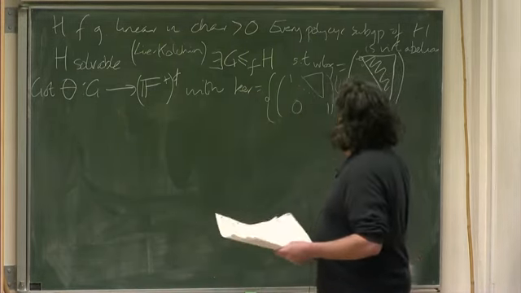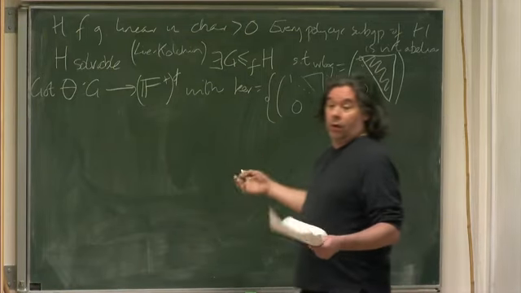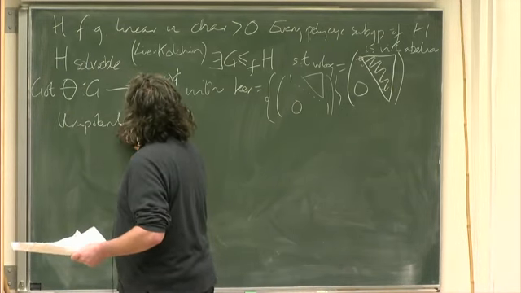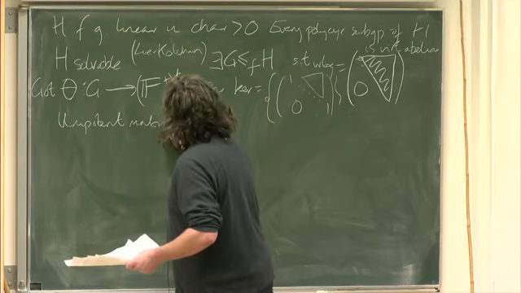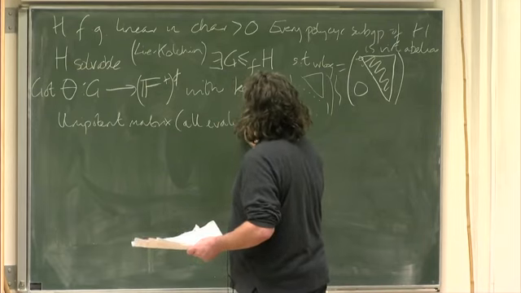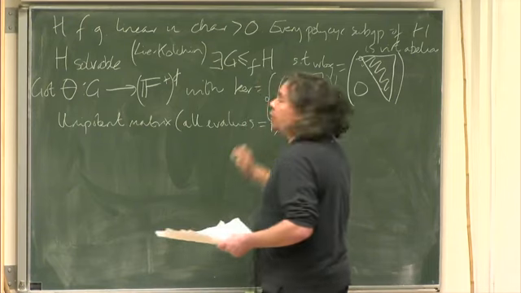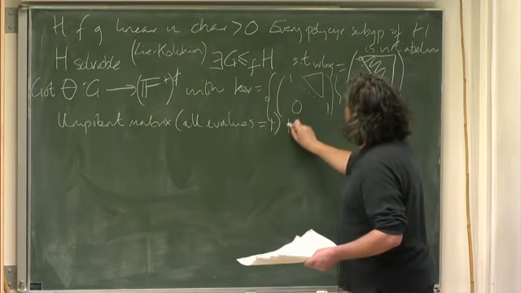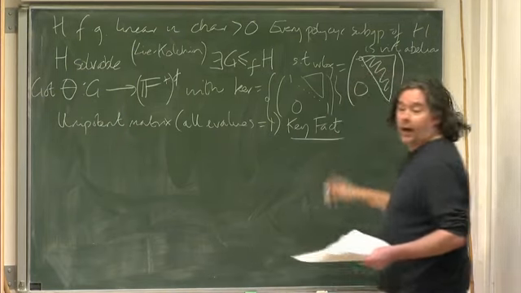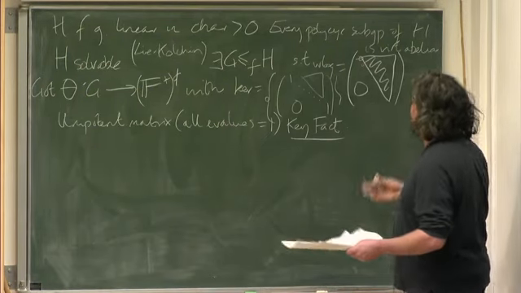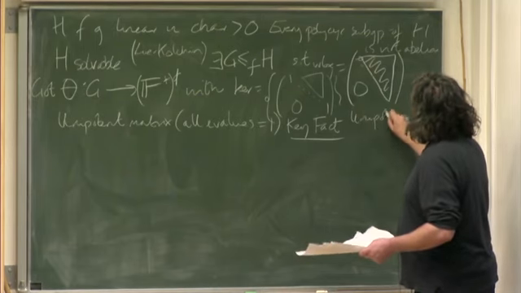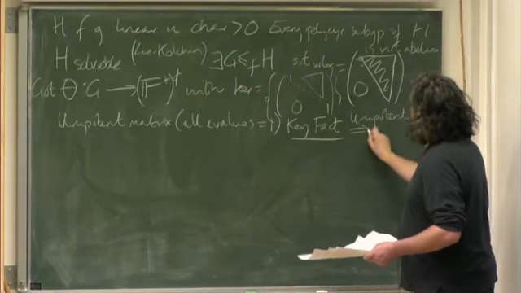The point is that this is an example of a unipotent matrix. That's one where, in the algebraic closure anyway, all eigenvalues are equal to 1. And here's the key fact about positive characteristic, which is clearly not true for usual matrices over the complex numbers: unipotent implies finite order.